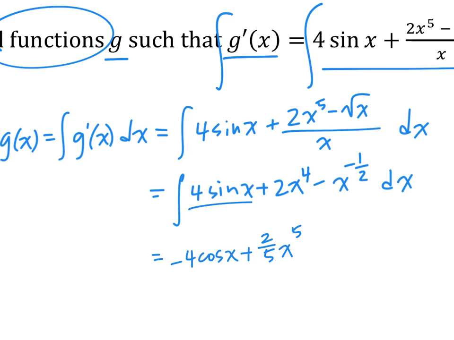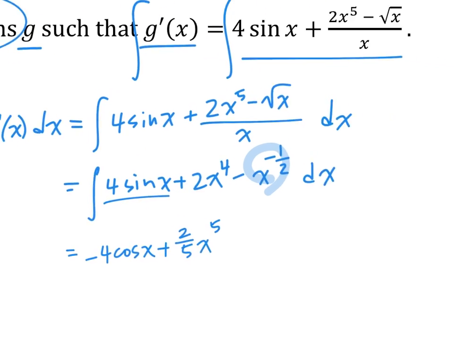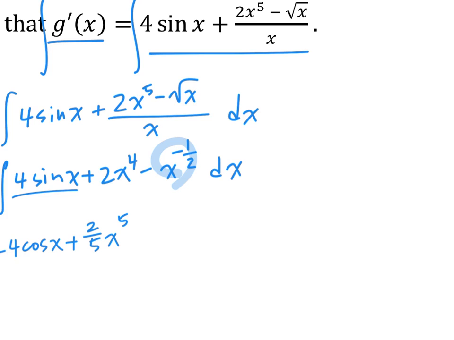For this one, I always have a problem with the fraction, so I try not to do it in my head. I just write it out. What's 1 degree higher than negative 1/2? 1/2. So I'm going to integrate: 1/2 x to the 1/2. I don't want the 1/2 in the denominator; I want the negative 2.